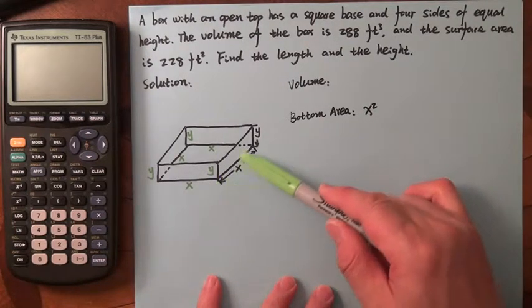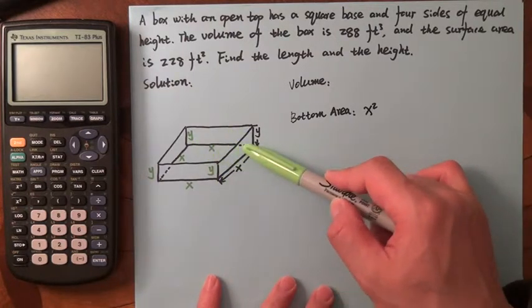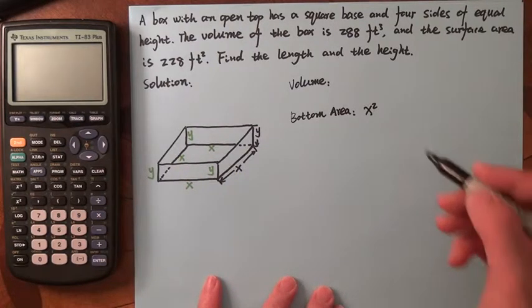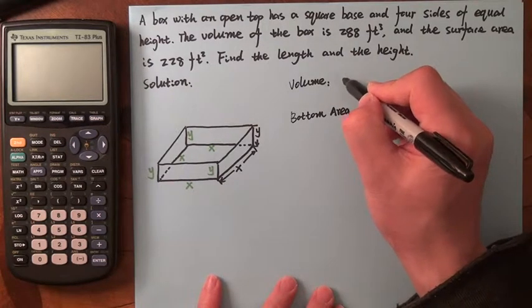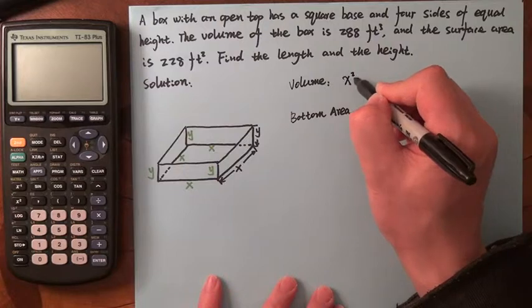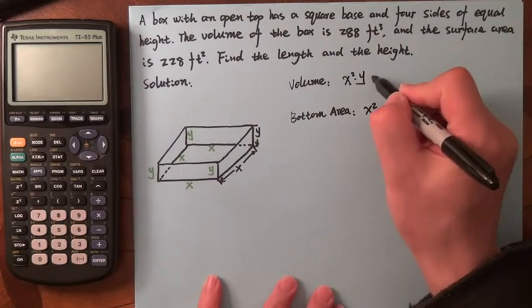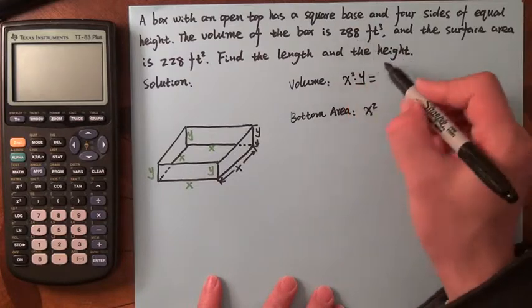You see here is x and here is x. So x times x is the bottom area. Then the volume is the bottom area x squared times the height. Height is y. And this gives us the volume, which is 288.